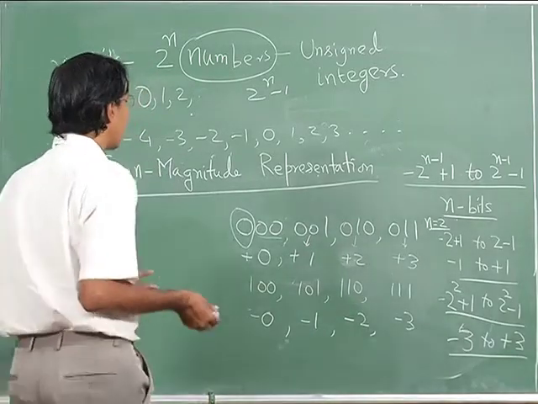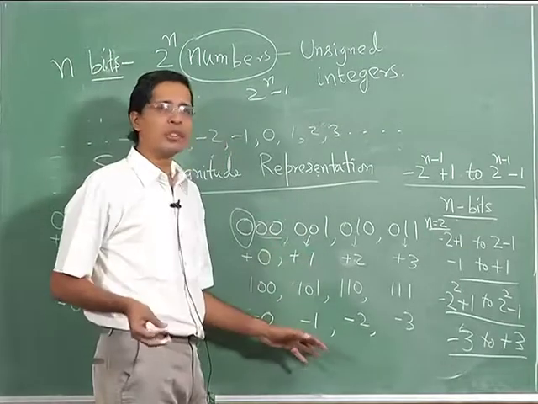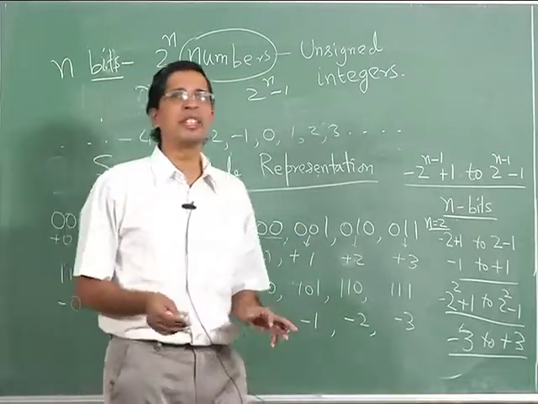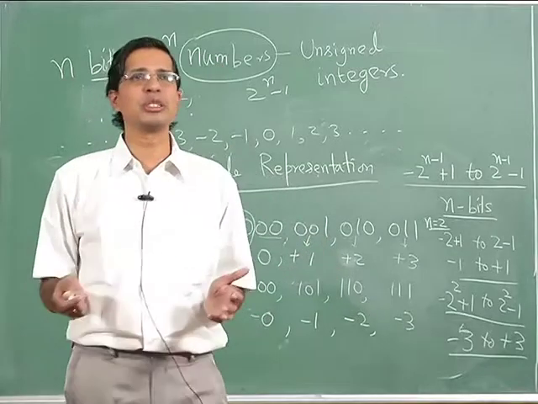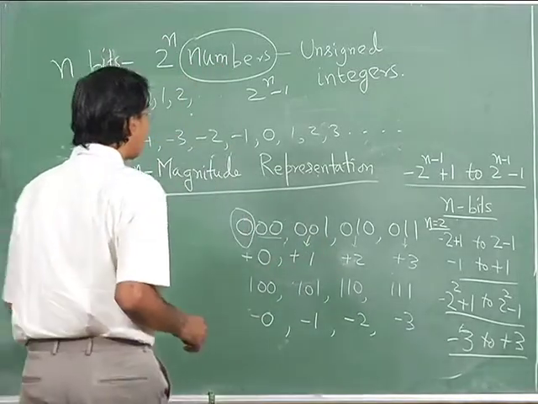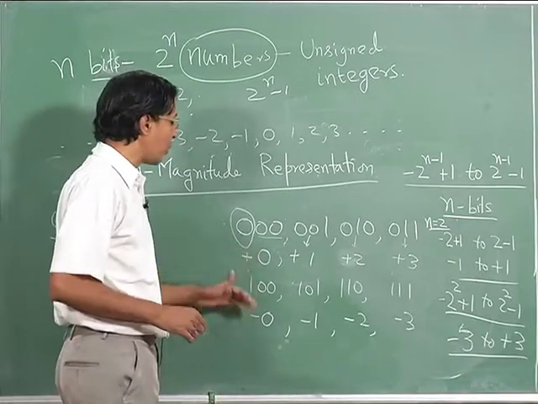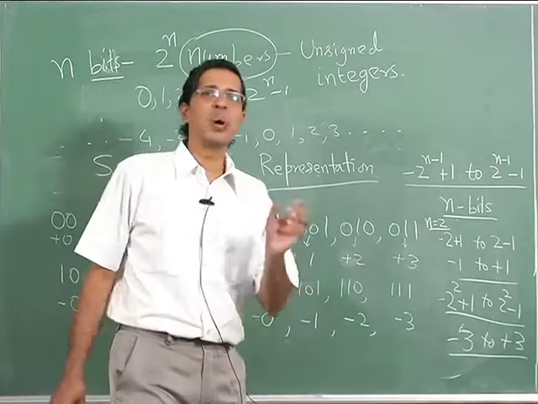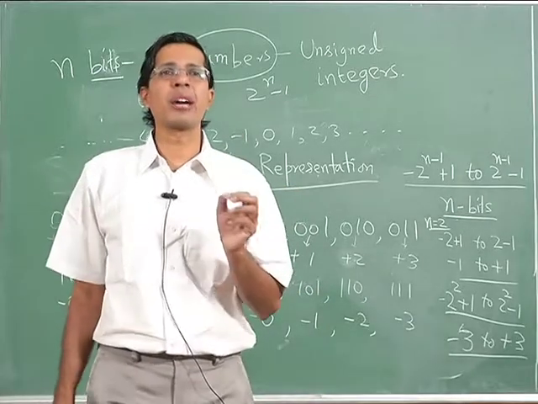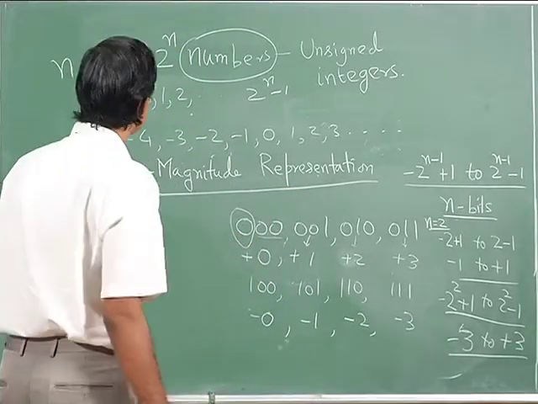Unlike plus 1 and minus 1, which have 2 different values, plus 0 is equal to minus 0. So there is no necessity for different representations for plus 0 and minus 0. So this is one small drawback of this method.